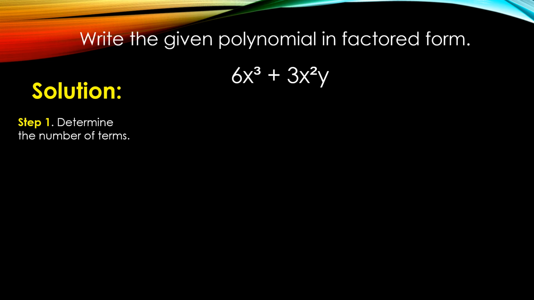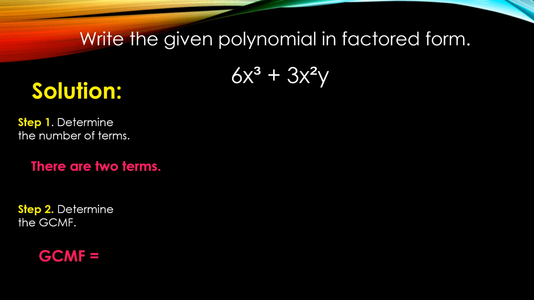How many terms do we have in the given polynomial? That's right. We have 2 terms. Step 2. Determine the GCMF. The greatest common monomial factor that we solved a while ago is equal to 3x squared.